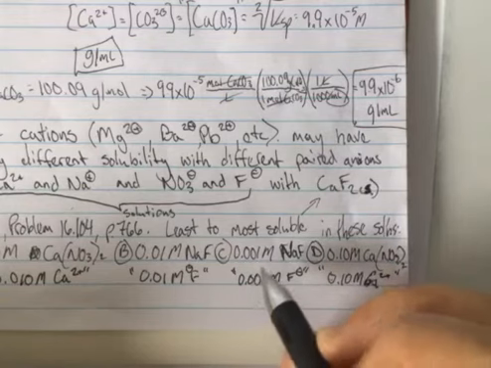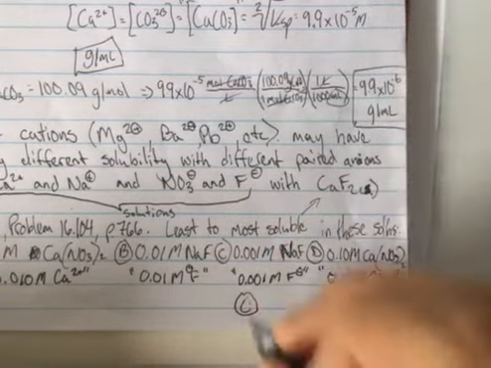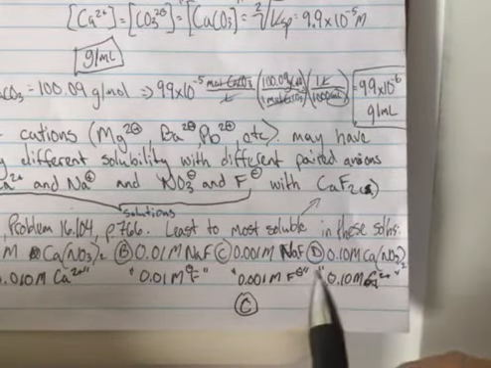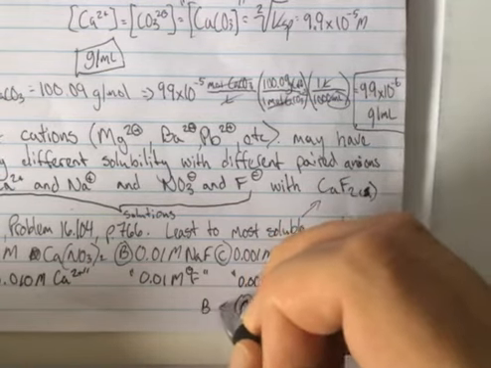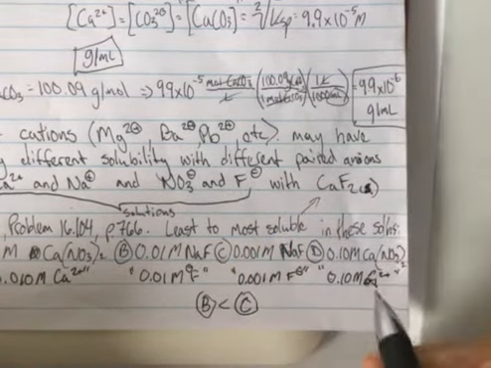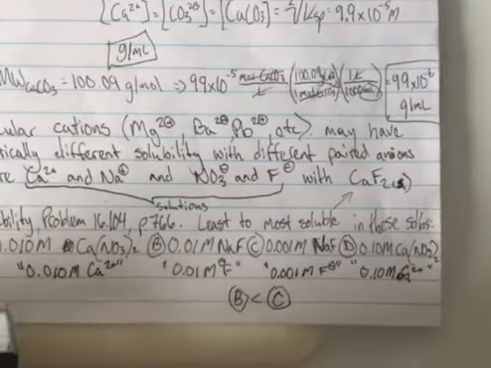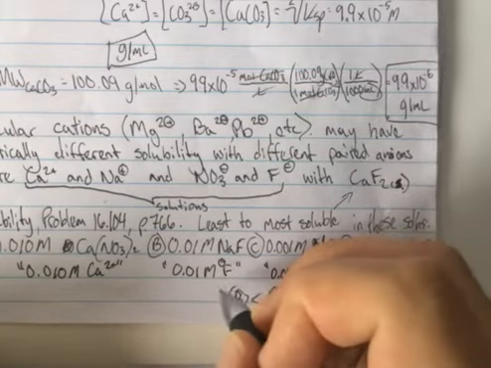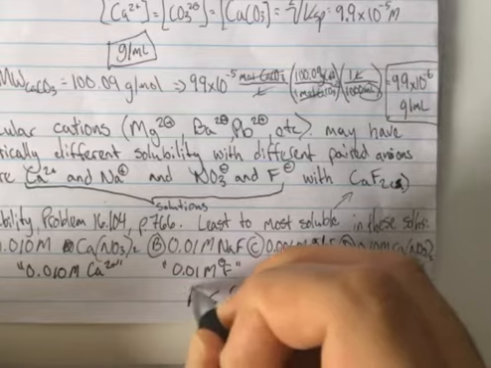So C is going to be highest. That's undisputed. Followed by B, which is going to be second highest. Then between A and D, notice there's a 10-fold difference in Ca 2+ concentration, so we're going to put A right here.